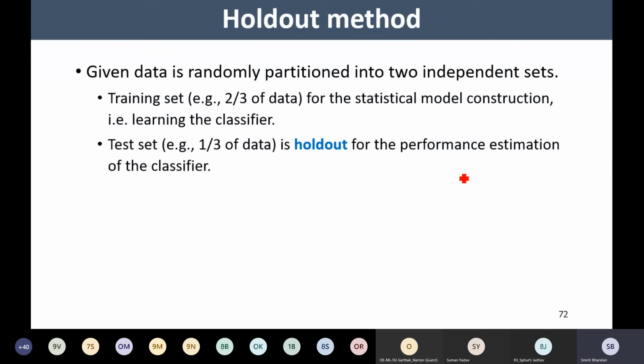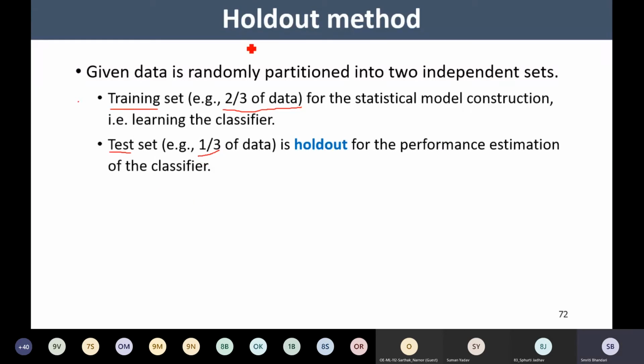Usually in practice, the training set is of size 2/3 of the data. I am giving you some typical statistics. If I want to build a regression model or classification model, then I'll be using 2/3 of the available data for training and 1/3 of the available data for testing.